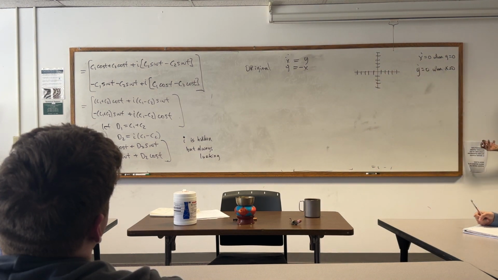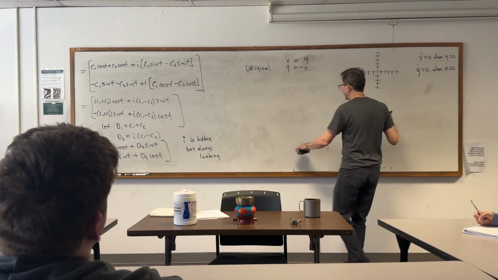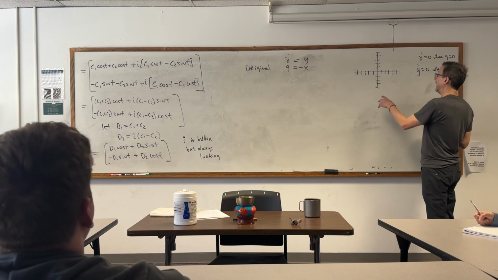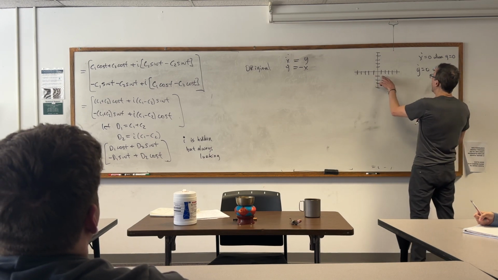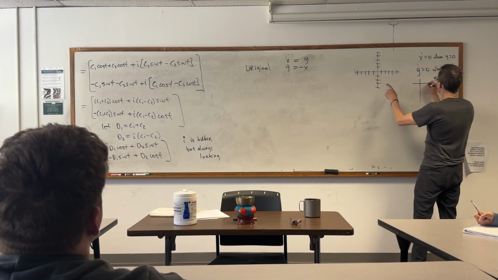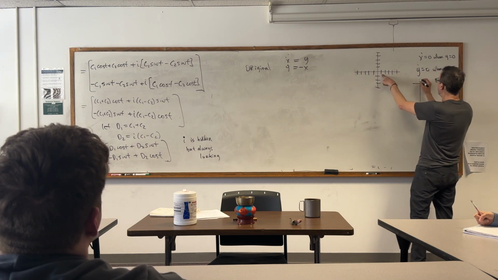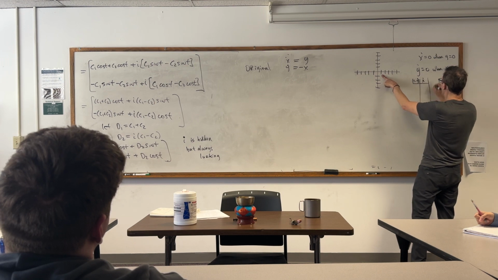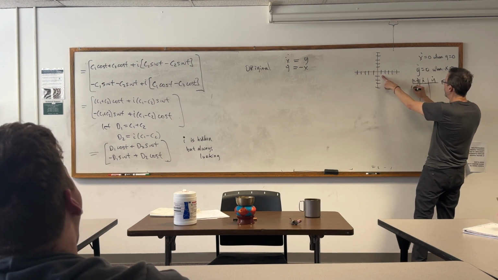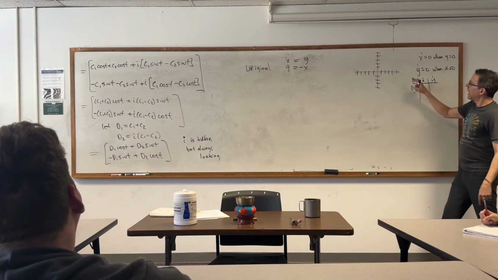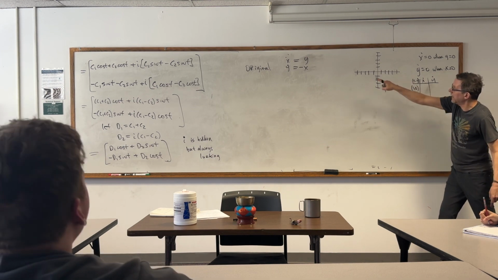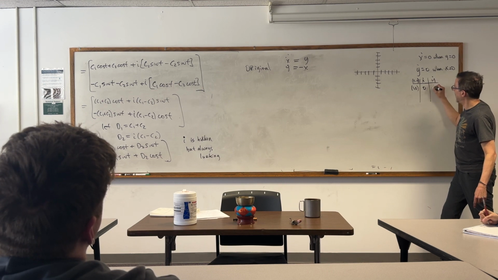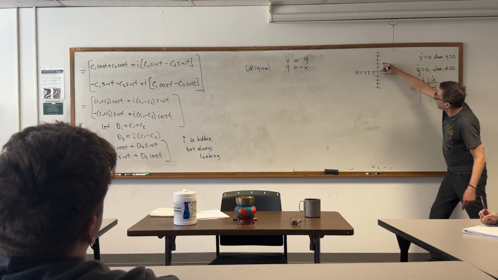Let's test some signs, because there's actual signs floating about. At the point (1, 0), I've got x dot is 0 and y dot is -1. That means it's flowing downward.